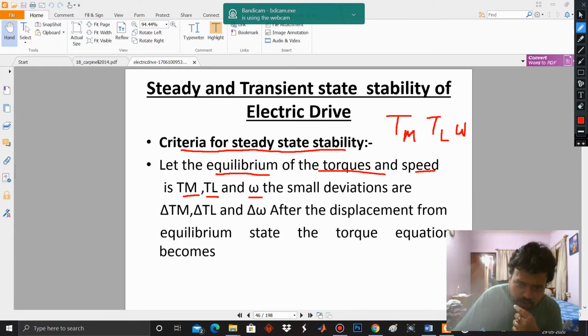So the change in the motor torque is given by delta tau m. The deviation in the load torque is given by delta tau l, and the deviation in speed is given by delta omega.